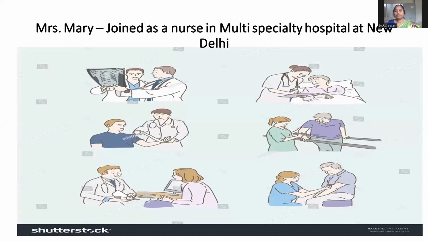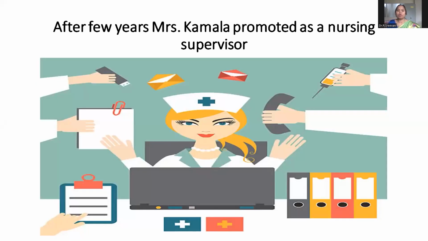Since she got married to a person who settled in New Delhi, she moved to Delhi, and there she joined one of the multi-speciality hospitals. She is also very comfortable providing care to the patients and very satisfied in her work. Both are happy and things were going on like that.